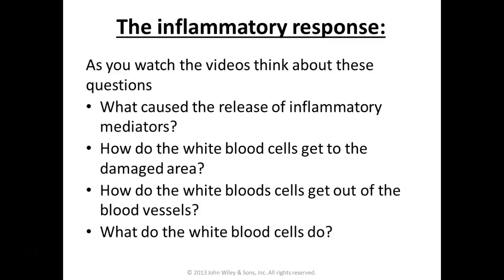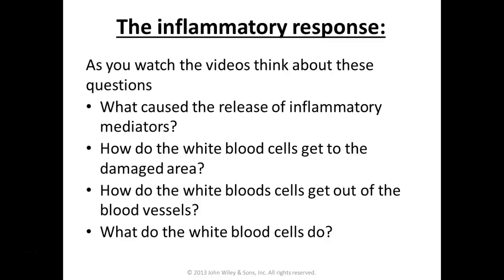So we're going to watch the videos that I asked you to watch for homework. As we watch these, I want you guys to think about these questions. What caused the release of the inflammatory mediators? Right? So what was the initial thing that happened that caused these chemical signals like histamine and cytokines to actually be released?